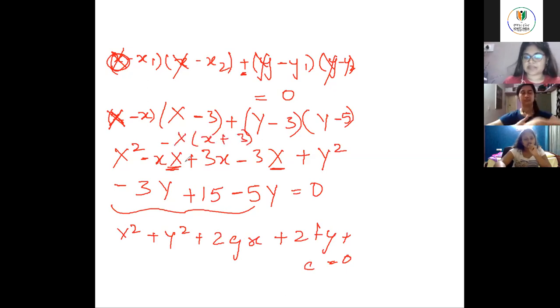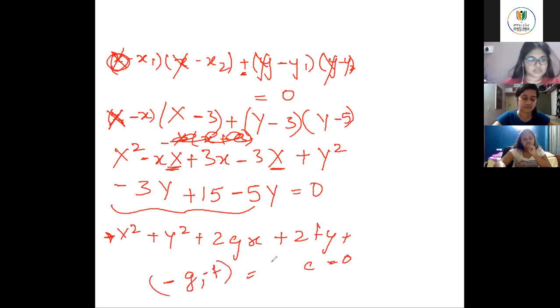Okay, so club the ones which are together and convert it into this format. Once you have converted into this format, we know for this format the center of the circle is (minus g, minus f), and compare it with the center given. What is the center of the circle given? 2 comma y. Is that fine?